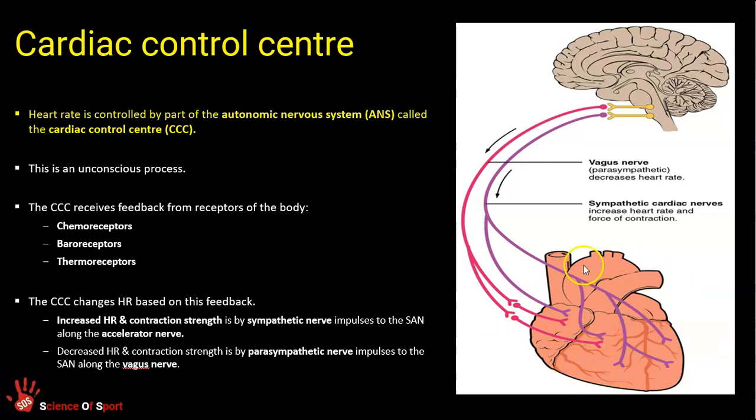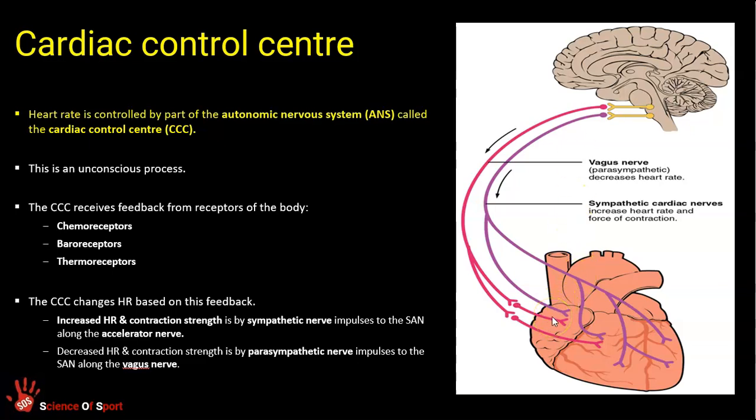We've talked about how we make our heart contract, but what makes the cardiac cycle happen quicker or slower? Essentially it's the same process as for the respiratory system's control of breathing. You constantly have feedback from various receptors in your body that go to the brain, and the brain then automatically sends out impulses down nerves to your heart.